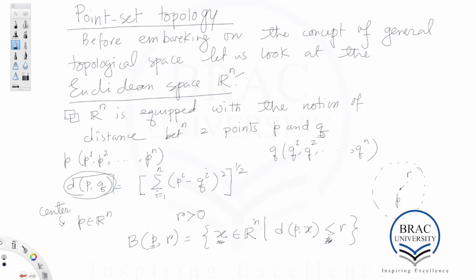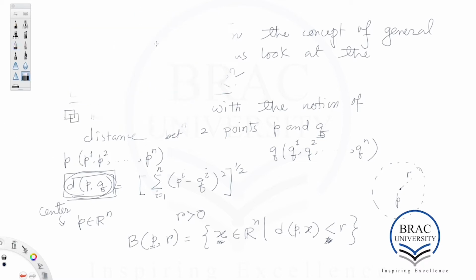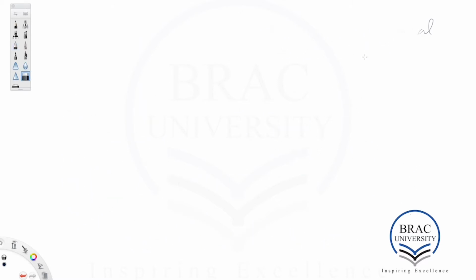So in the Euclidean space, with the use of this notion of distance between 2 points, we can describe open balls. Now let me erase this slide. If we have a set such as Rn, the initial structure that we have in R to the n is that of a set.